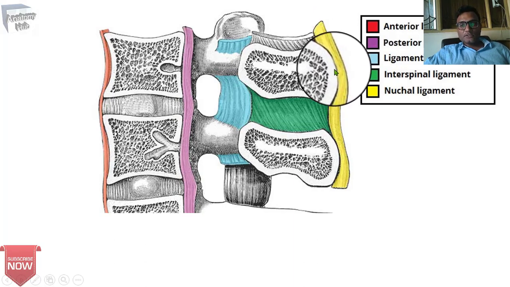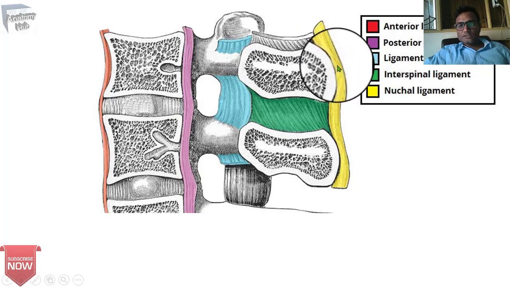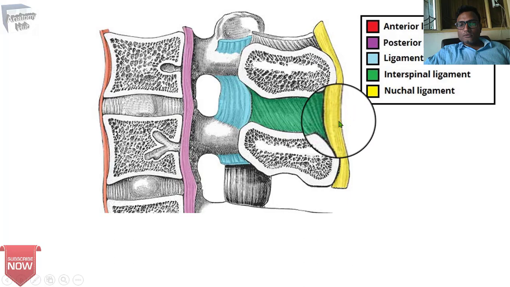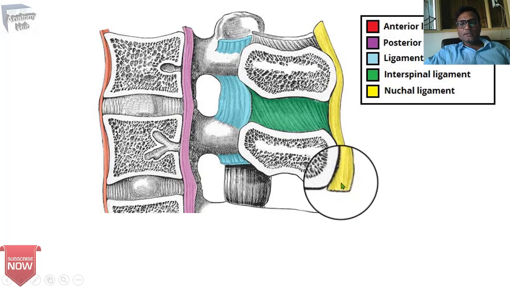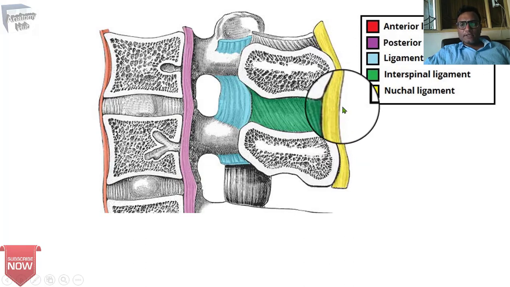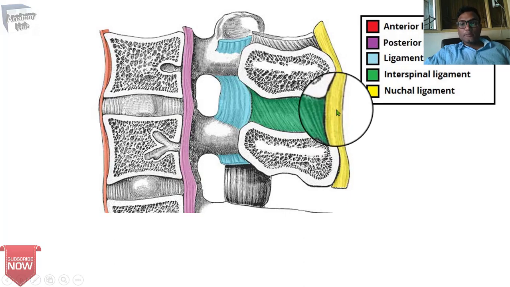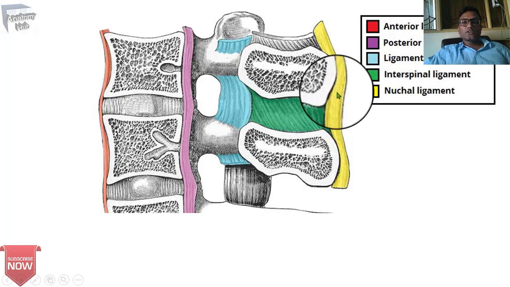As the spinous process is bifid, it lodges inside the groove of the spinous process up to the C7 cervical vertebra, and attaches to the tip of the C7 cervical vertebra. This ligament also gives attachment to the trapezius muscle and the rhomboideus muscle.